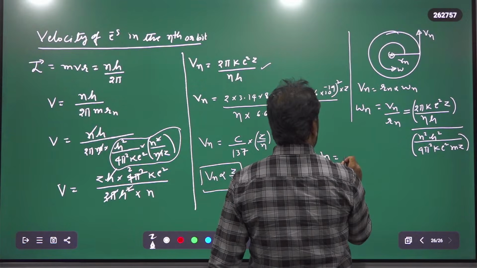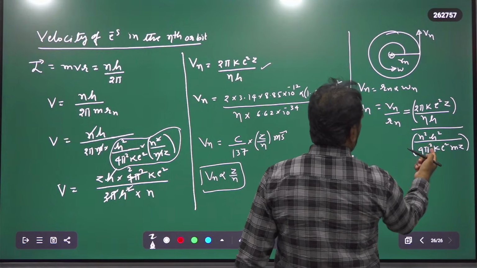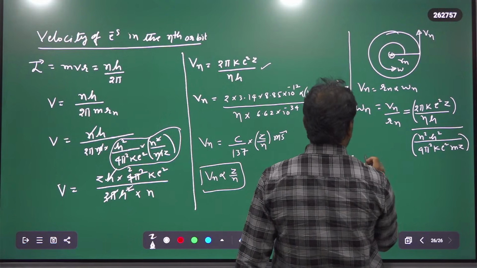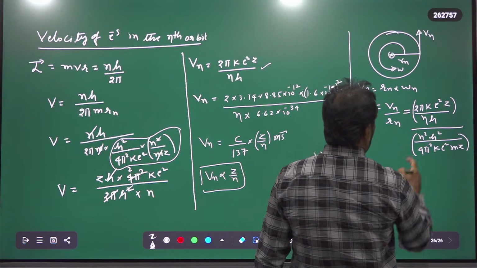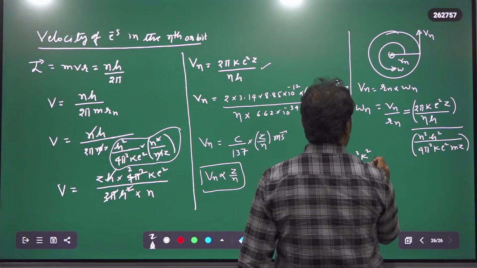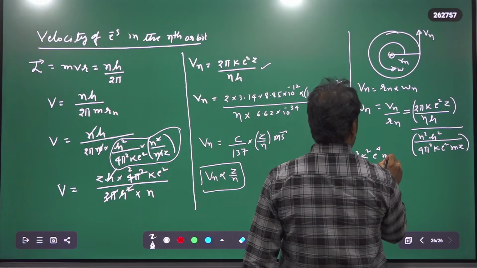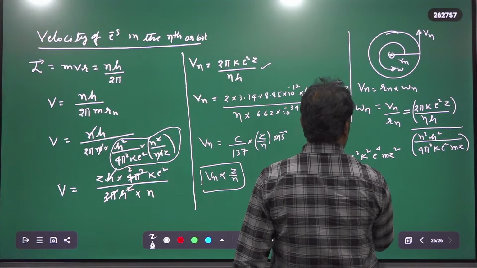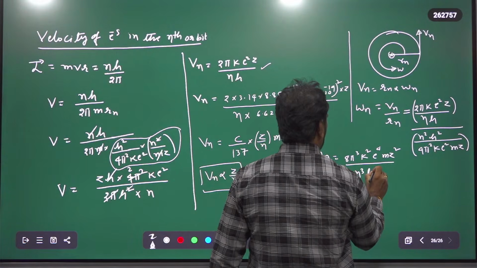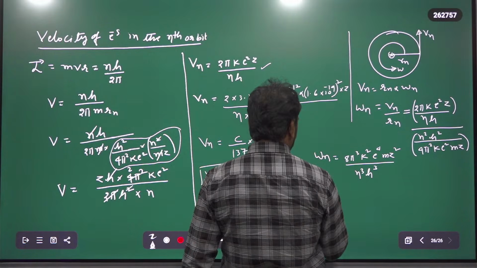That is equal to 8 pi cube into k square, e power of 4, and mz square upon n cube into h cube. This is what I am ready to see here.